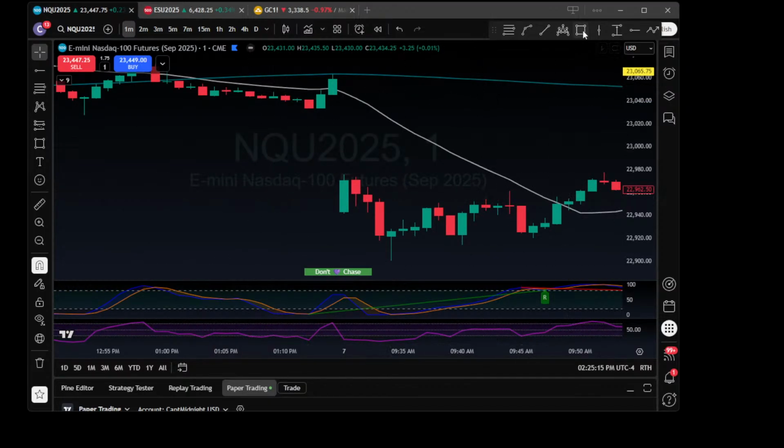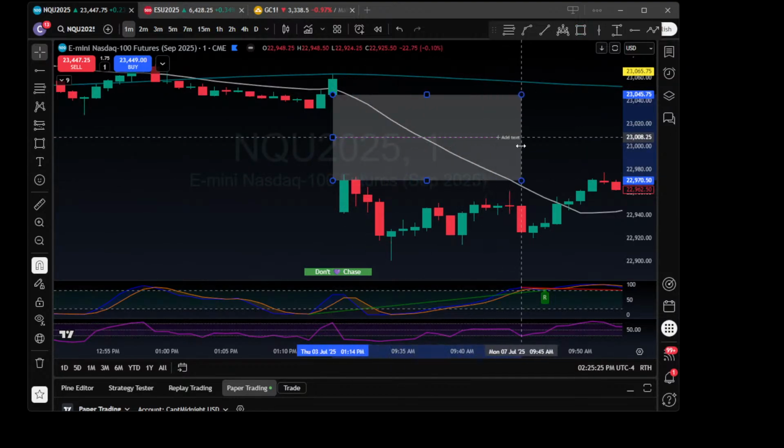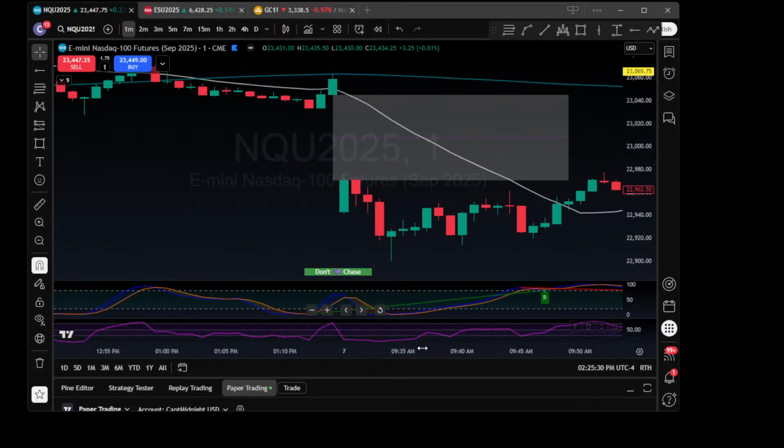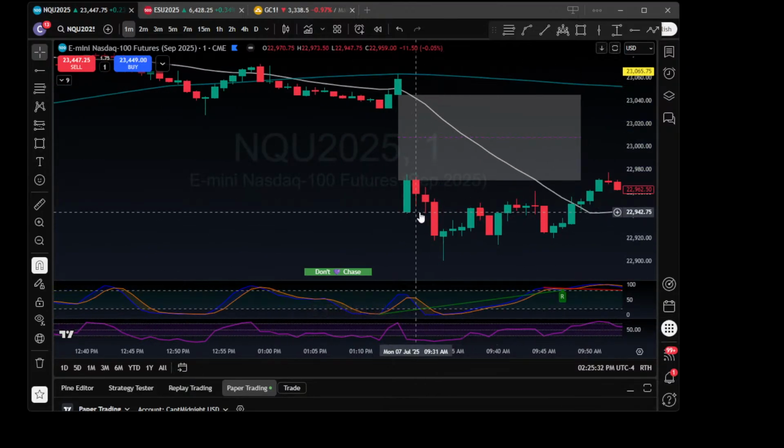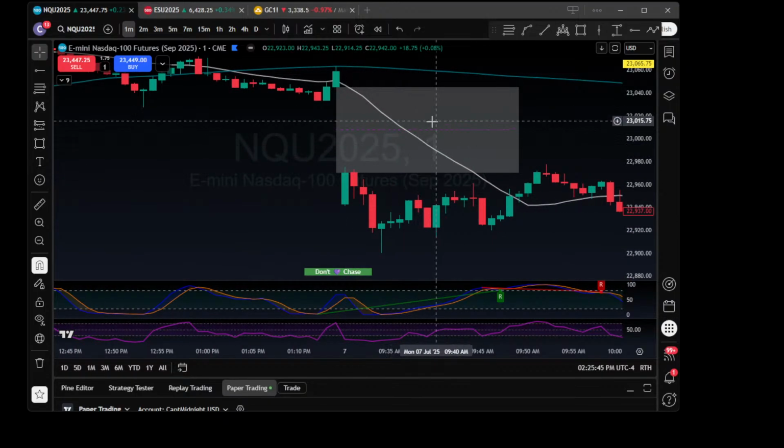Oh, this looks like a fun choppy one. We're always looking for it to go back into the gap.